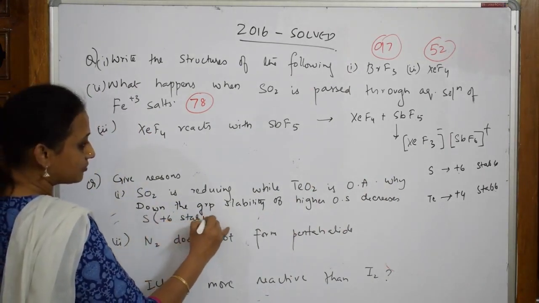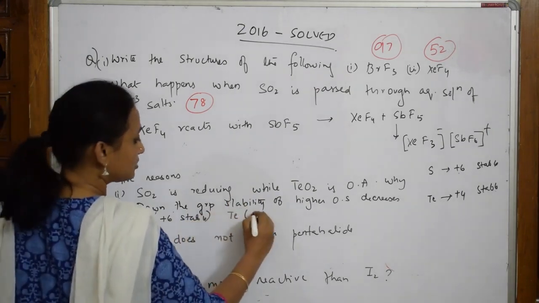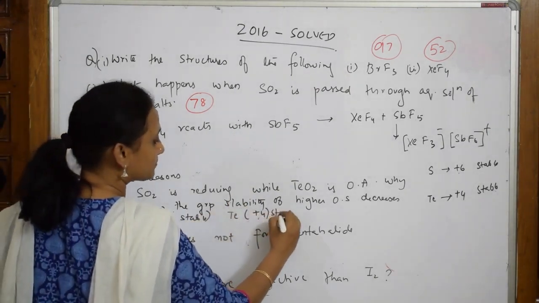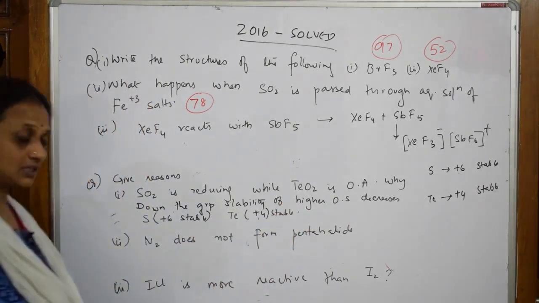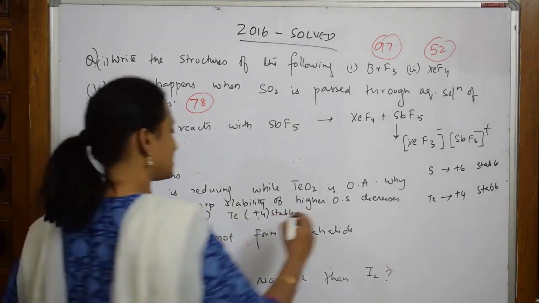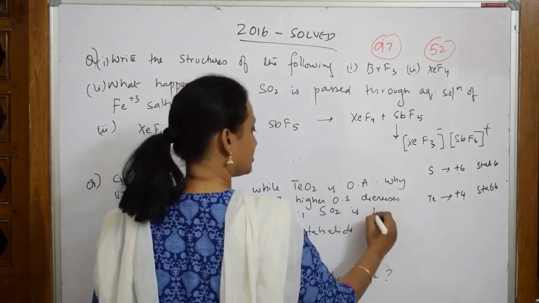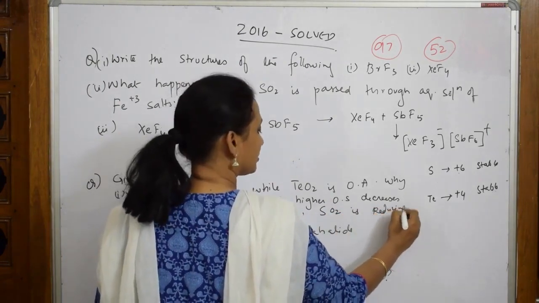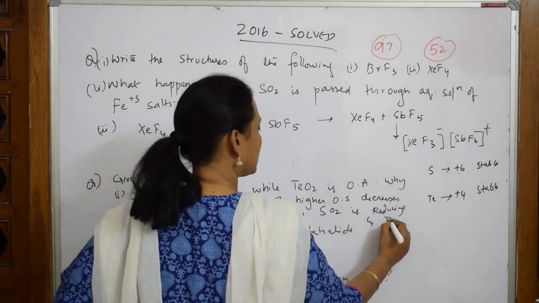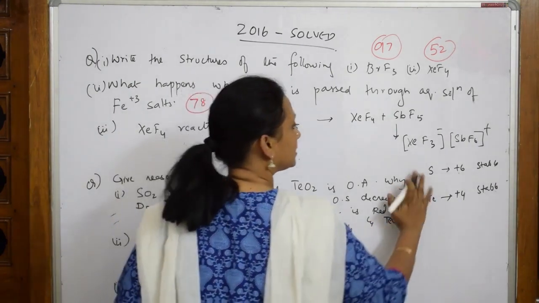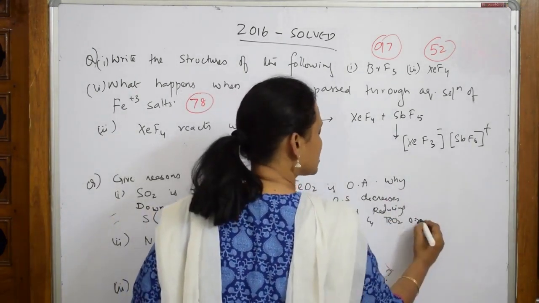For tellurium, stable oxidation state is +4. Done. So this shows that SO2 is reducing and your TeO2 is oxidizing. Done. So I've written the same here, oxidizing.